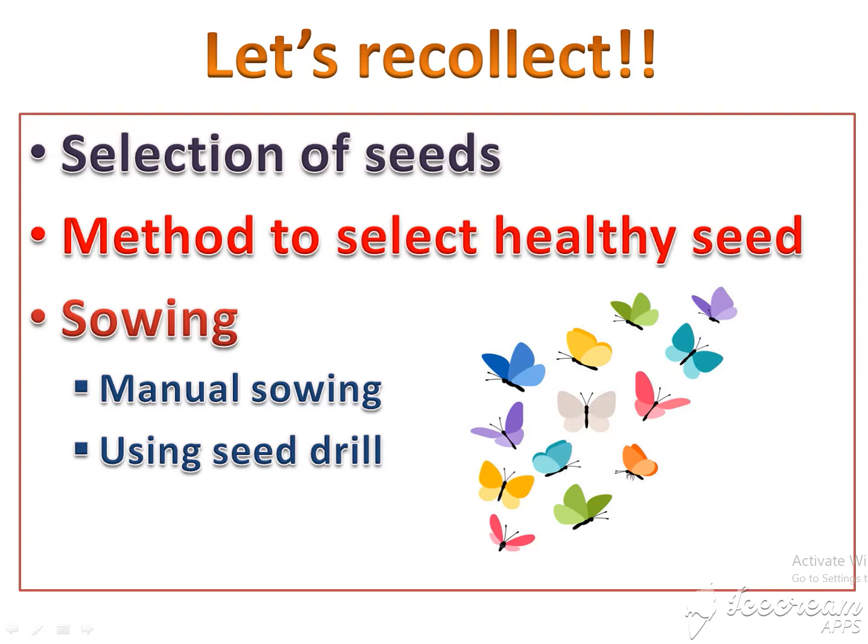Likewise, the Tamil Nadu government is also providing vegetable seed kits to village panchayats. Then we learned methods of selecting good seeds. Then sowing. Sowing is the process of planting seeds in the soil, and it is done by two methods.